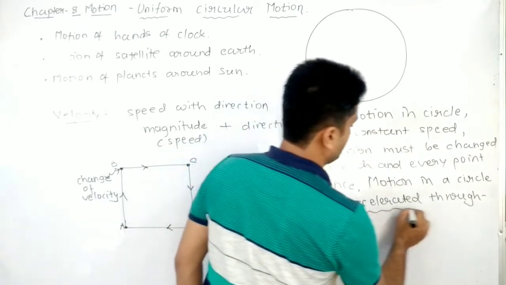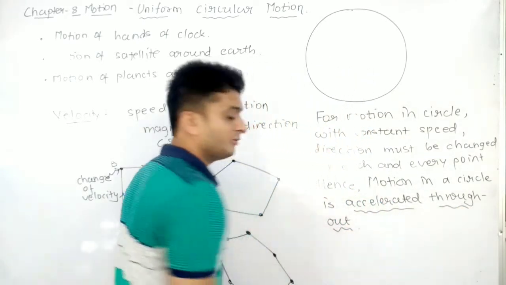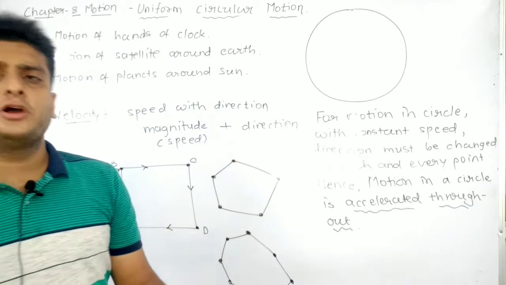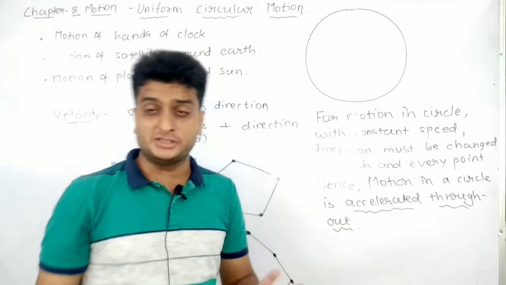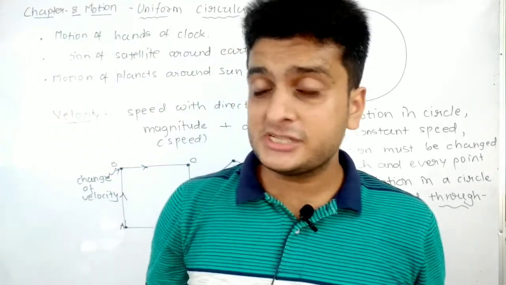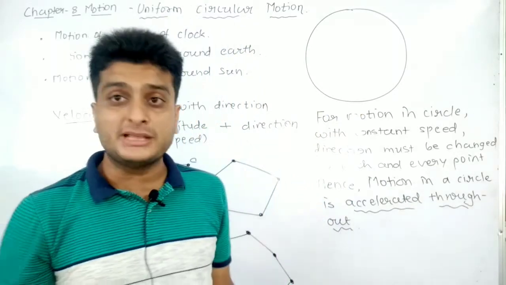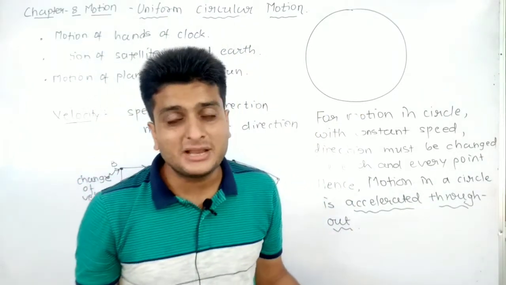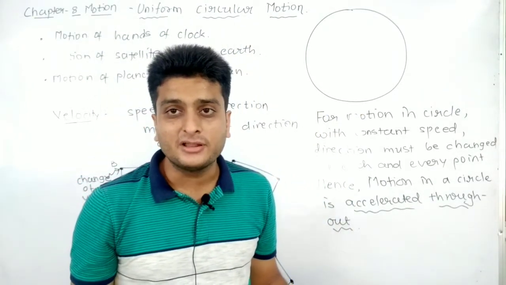Motion in a circle is accelerated throughout because at each and every point the velocity direction will change. As the direction changes, velocity changes. That means the motion is accelerated. As simple as that. Is that clear?